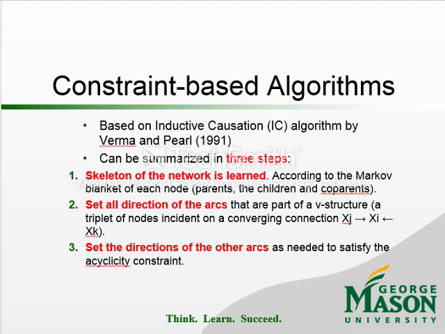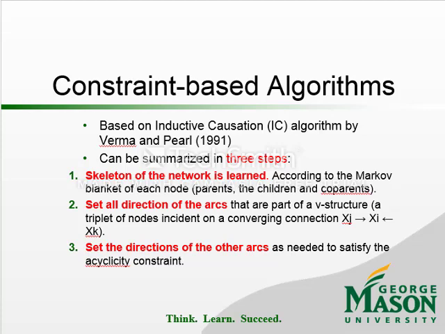Since an exhaustive search is computationally unfeasible for most data sets, all learning algorithms use some kind of optimization, such as restricting the search to the Markov blanket of each node, which consists of the parents of this node, the children, and all the nodes that share a child with this node, or what we call the co-parents.